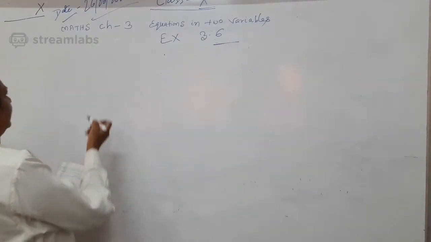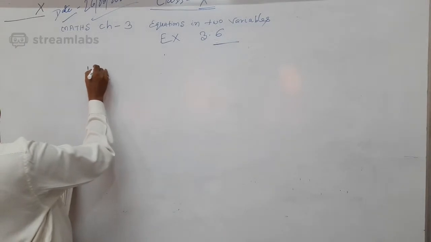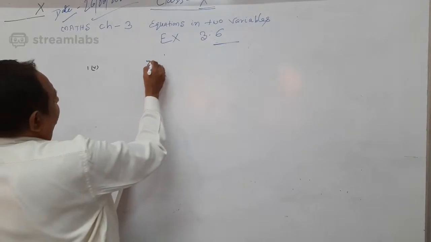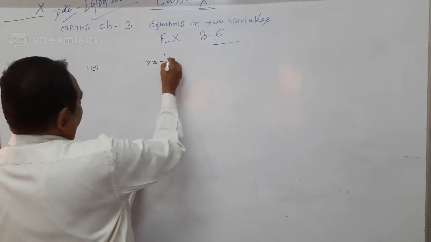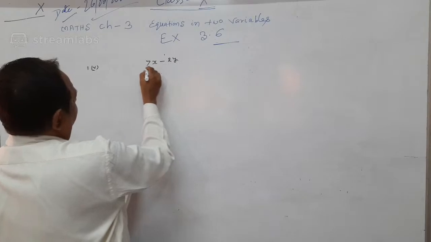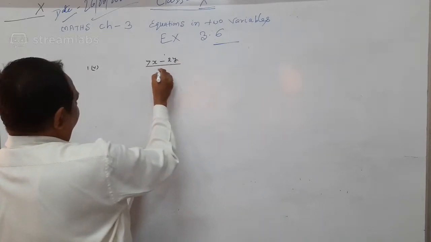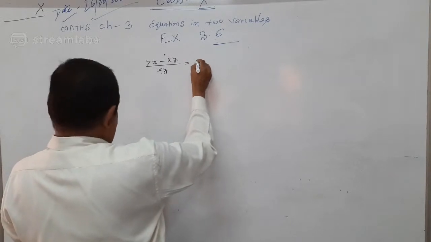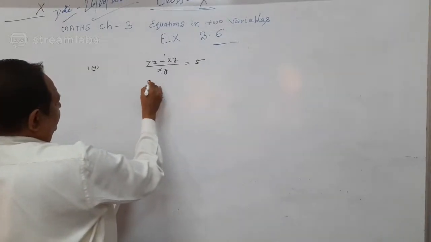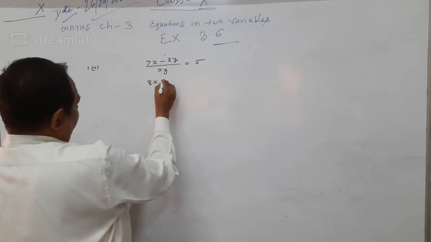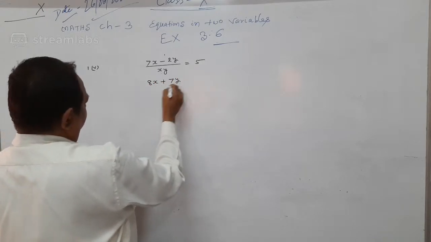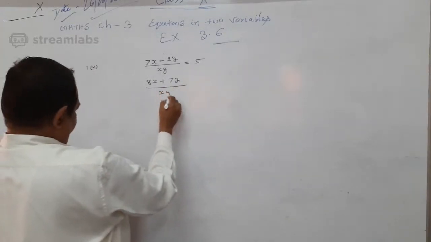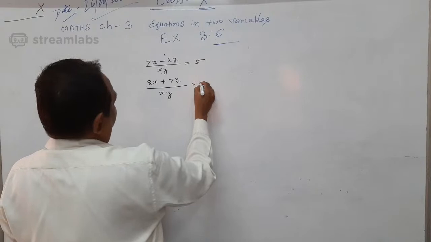This is the fifth part of the first question: 7x minus 2y upon xy is equal to 5, and 8x plus 7y upon xy is equal to 15.